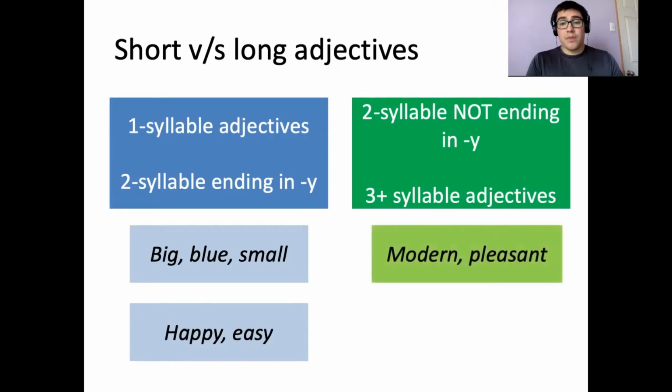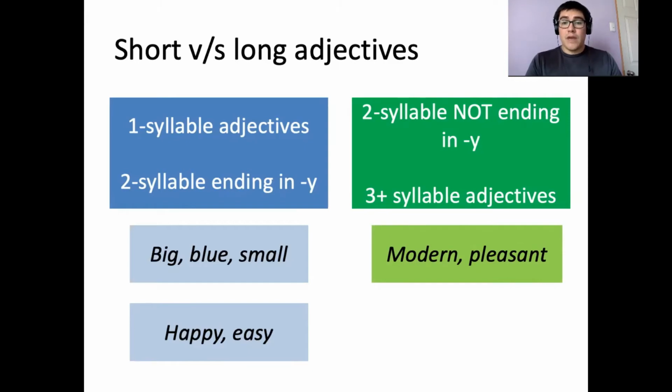For example, modern and pleasant. Modern has two syllables, but modern does not finish in Y, so it is a long adjective. Pleasant has two syllables, but it does not finish in Y, so we consider pleasant a long adjective.